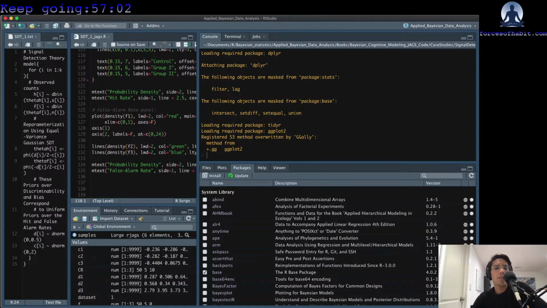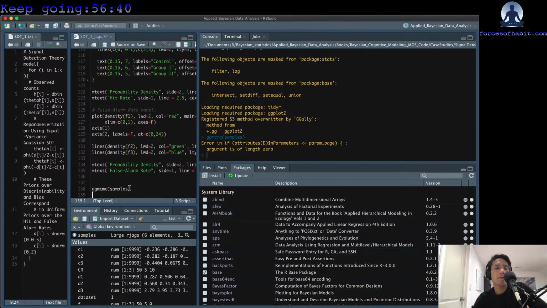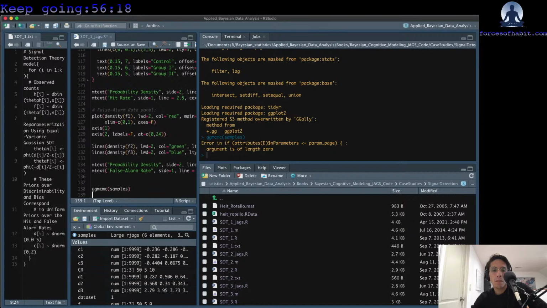So let's see what we can do. Let's see what ggmcmc gives me for just giving it samples. Let's try ggs histograms.